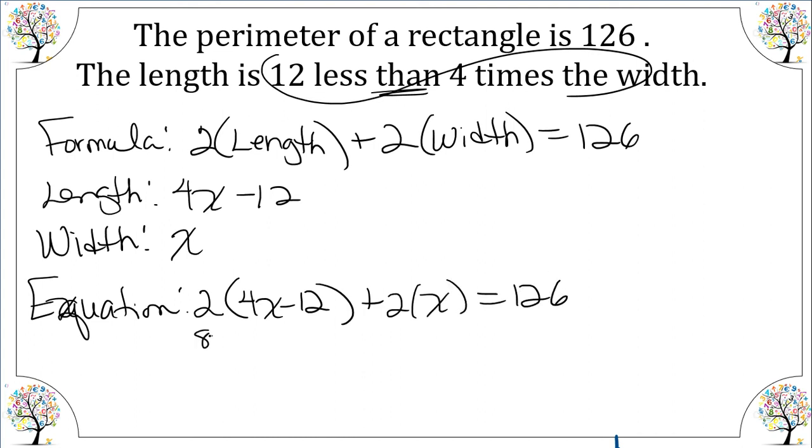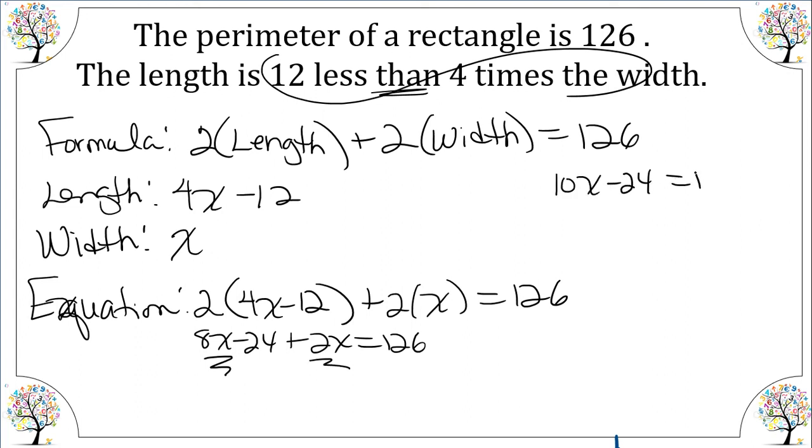We're going to distribute: 8x minus 24 plus 2x equals 126. We're going to combine like terms and we get 10x minus 24 is equal to 126. We're going to add 24 to both sides and we get 150.